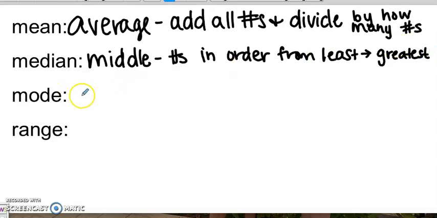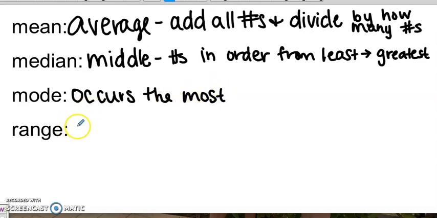The mode is the number that occurs the most. And the range is the highest number minus the lowest number.